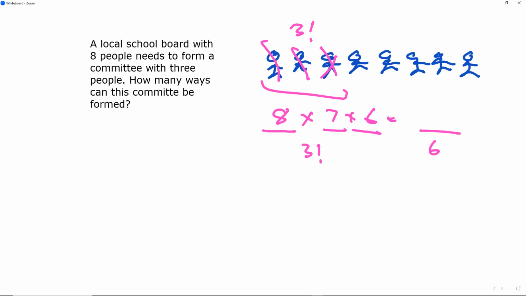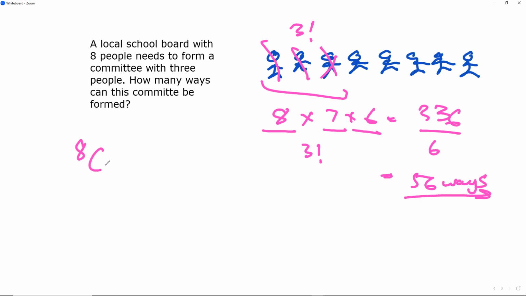And then we get 336 divided by 6. And we put that on the calculator. So for this one here, 336 divided by 6 will come to 56. So there's 56 ways that this would happen.